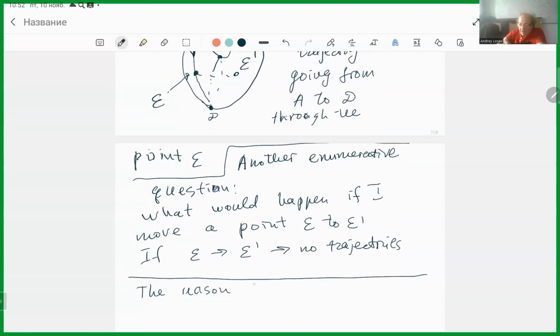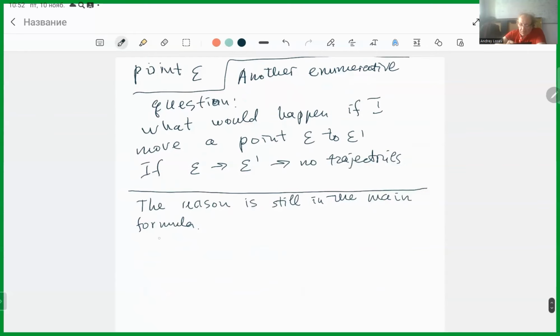The reason is still in the main formula. We studied integrals of phi 1, phi k.